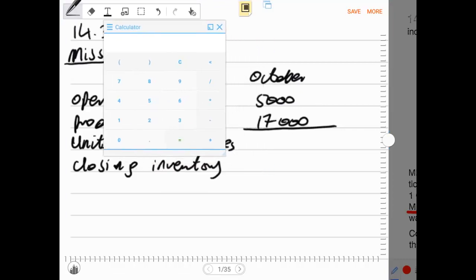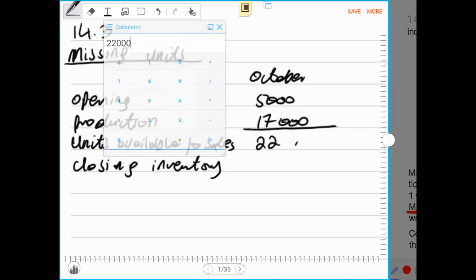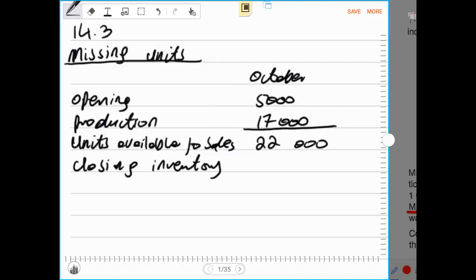So now that means if we say opening of 5,000 plus 17,000 of production, it will give us 22,000 units that were available for sales during the month of October. Then after we minus the 6,000 of the closing inventory, that will determine the number of units that were sold during the month of October.